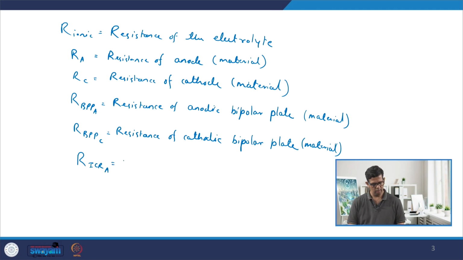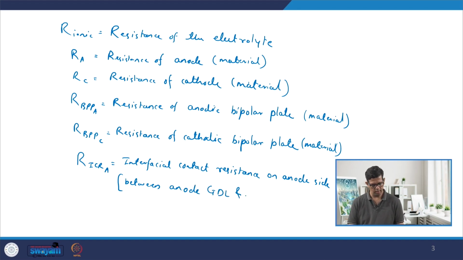And this is the interfacial contact resistance on the anode side. Typically it is between, let me write this in brackets, the anode GDL and the bipolar plate on the anode side.